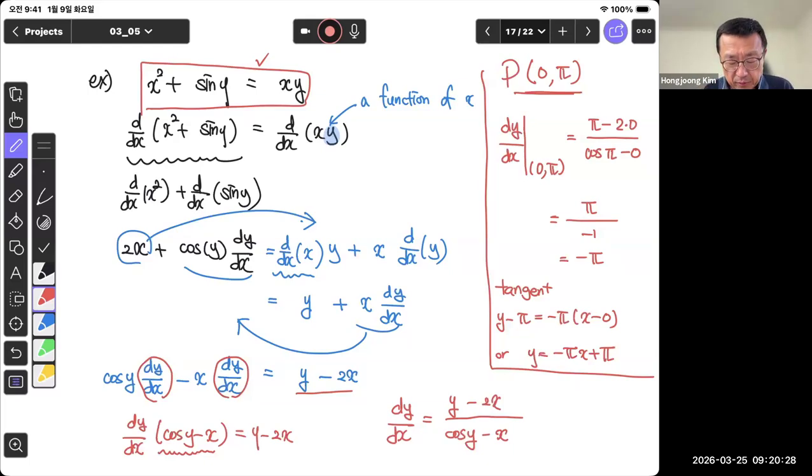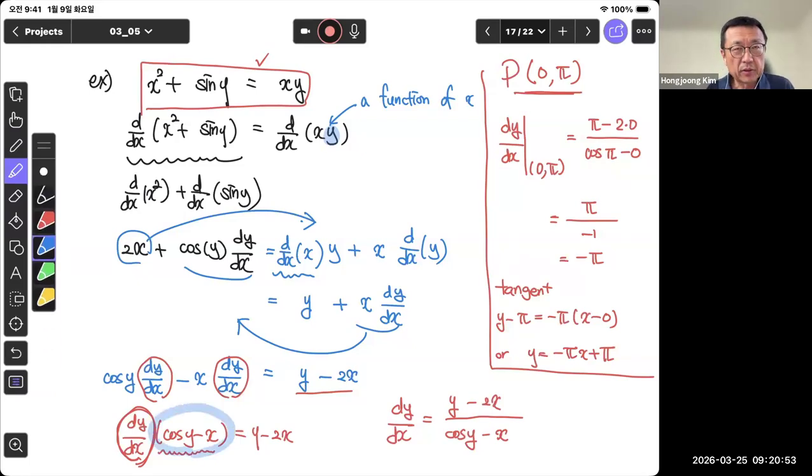Then, as I showed, on the left, dy/dx will be a common factor. So you can rewrite the left hand side as dy/dx times something equals a certain expression on the right hand side. And then you divide this equation by this something. Then you get the expression for dy/dx.